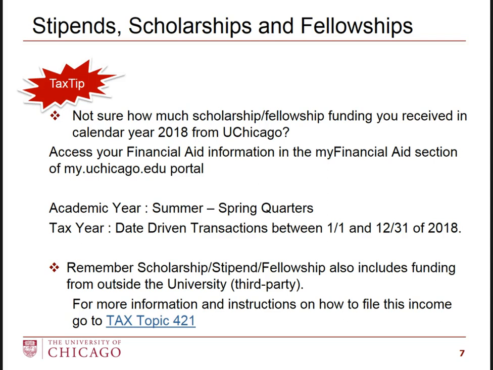The tax year is date-driven and covers transactions between January 1 and 12/31 of 2018. Remember, scholarship and stipend fellowship also includes funding from outside the university. So if you have received awards from outside agencies or nonprofits, you must include these as well. For more information and instructions on how to file this income, go to Tax Topic 421 on the IRS website.